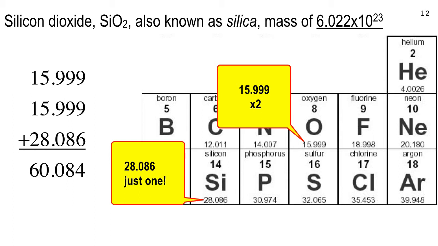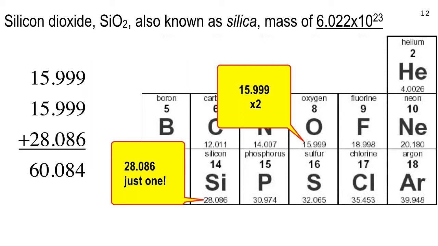in the shapeless bulk. But if you take the official metric shapeless bulk, you have to have 6.022 times 10 to the 23 of them. And so that would work out to 60.084 grams of silicon dioxide. Now that's not a very big quantity. You can hold 60 grams easily in your hand.